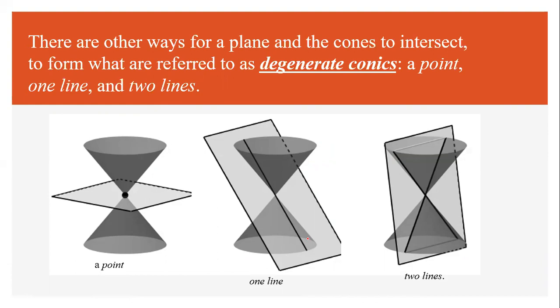There are some instances where there are other ways for a plane and the cones to intersect, and they form what we call degenerate conics. So one is a point. It intersects at the vertex of both of our nappes, so the result is a point.